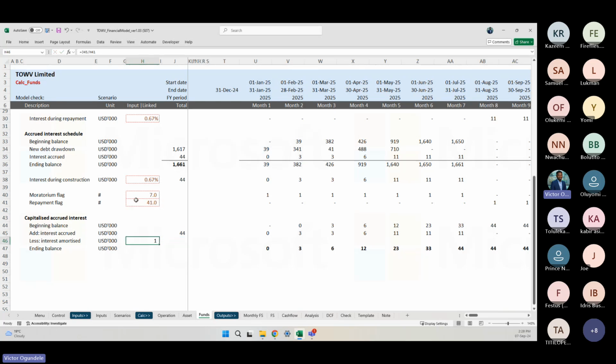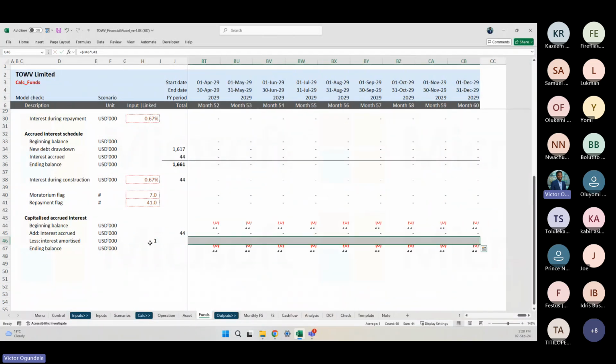So that will give us what we need to be paying, what we need to amortize over the what? Over the repayment period. So type equal to that value, should keep the column constant, multiply by what? By my repayment flag, enter. I can drag it across for the period.